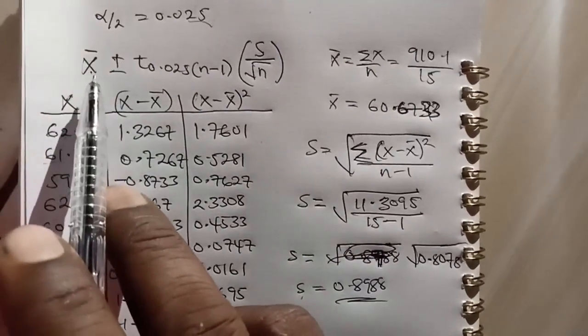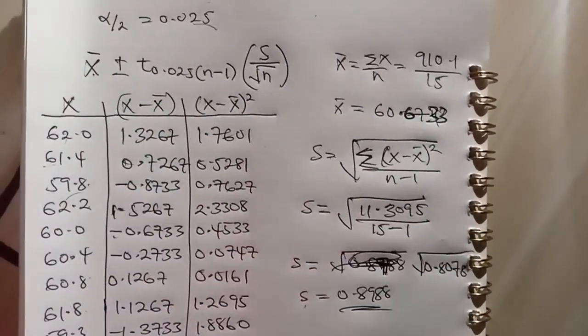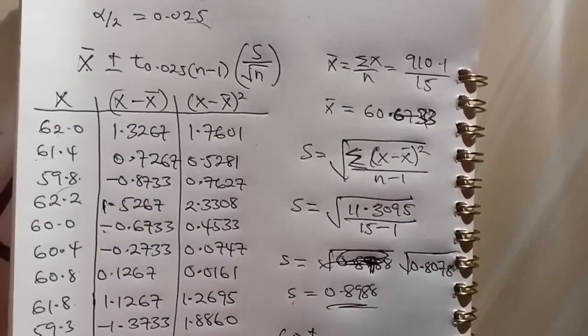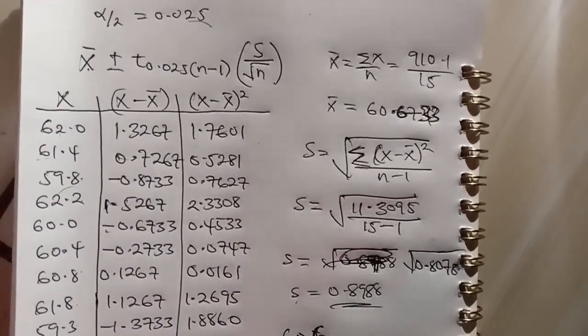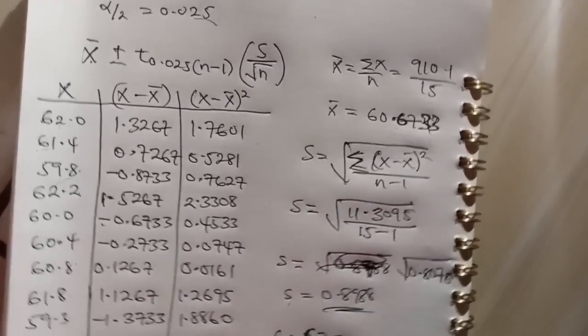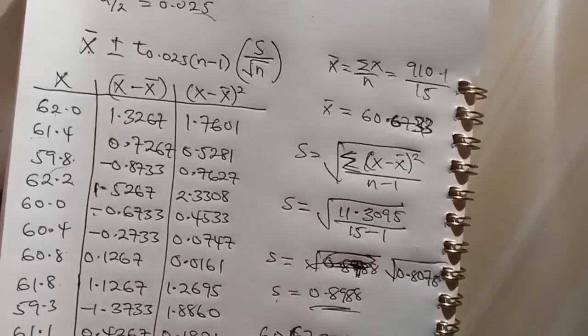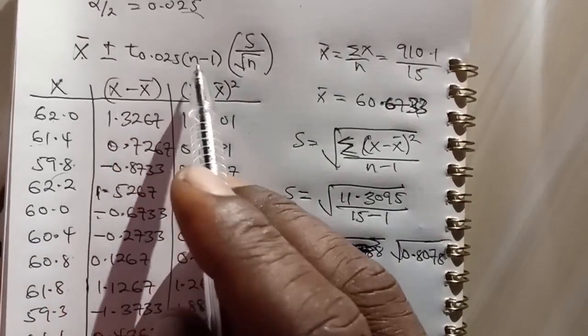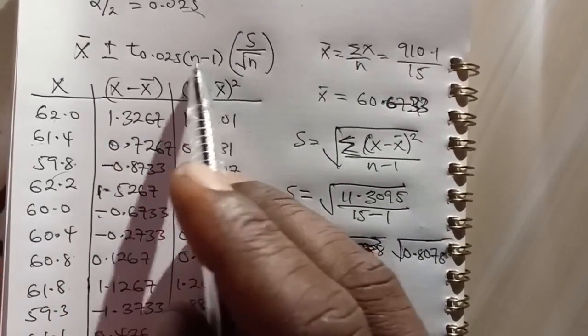X bar, which we got as 60.6733, plus or minus the value t 0.025 under 15 minus 1, which is 14 degrees of freedom.